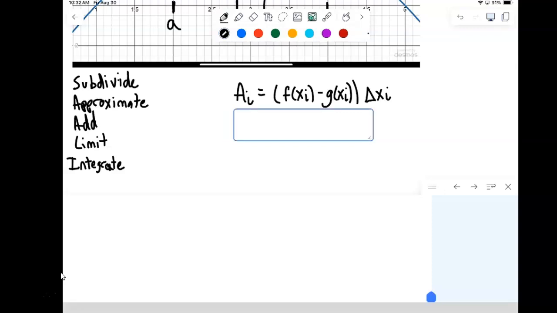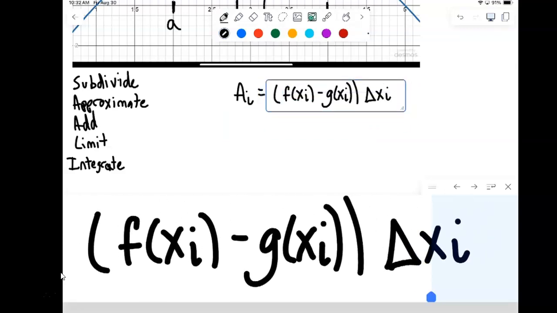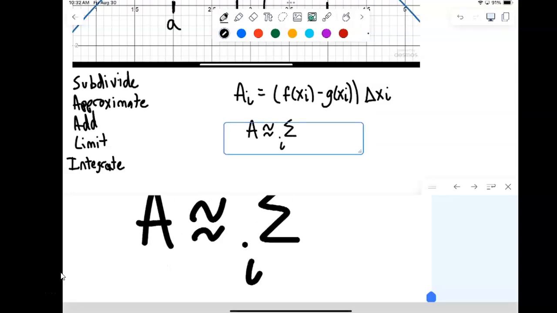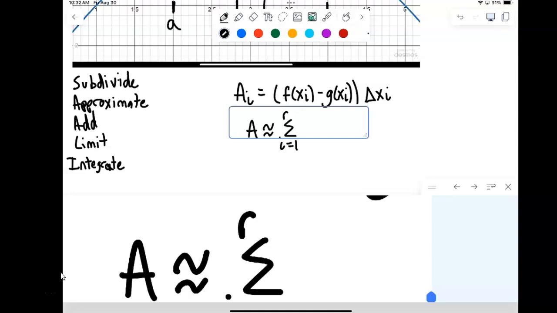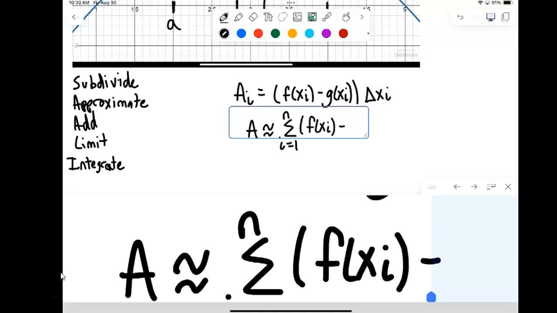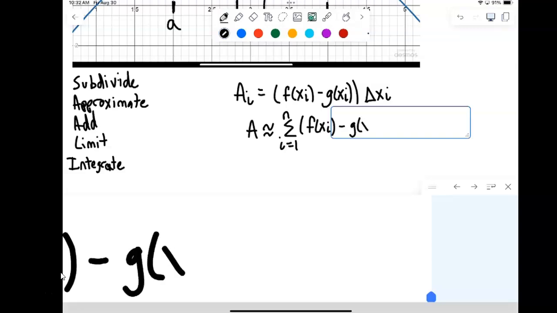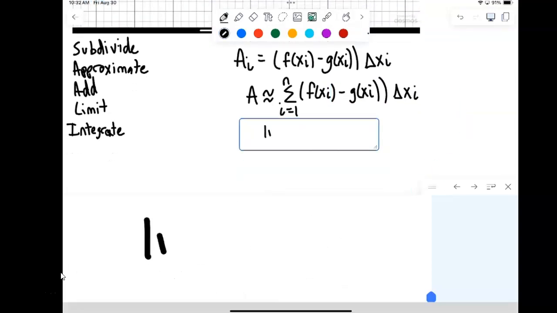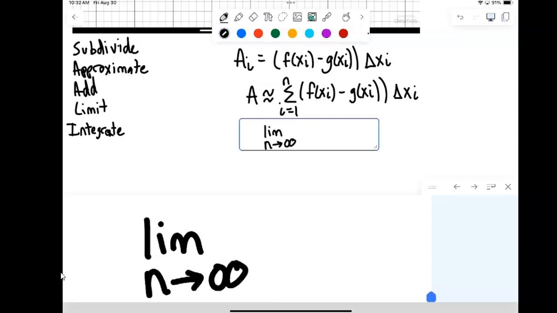Then, once we approximate for one interval, we add them all up so that the actual area will be approximately the sum as i goes from 1 to n of f of x i minus g of x i times delta x i. We then take the limit as n goes to infinity of all that.